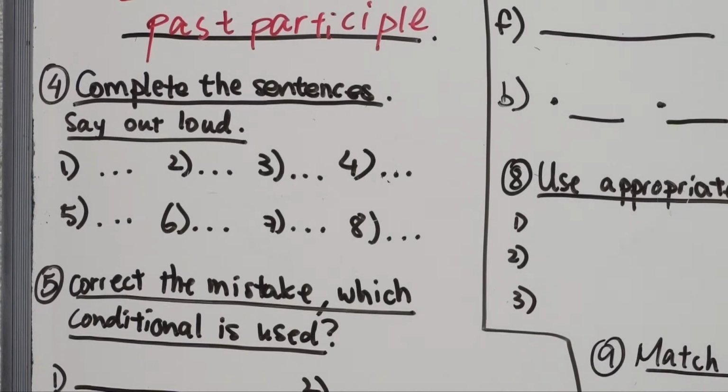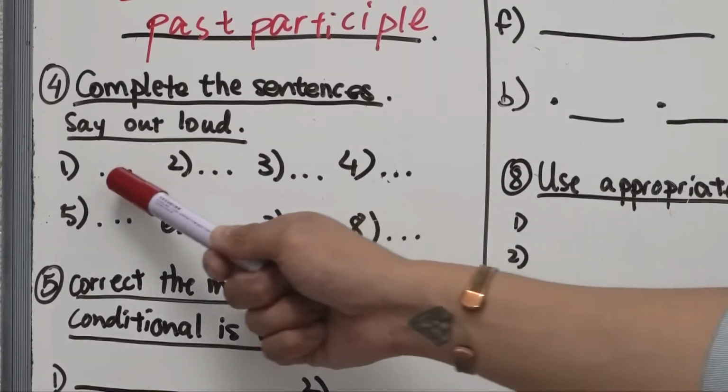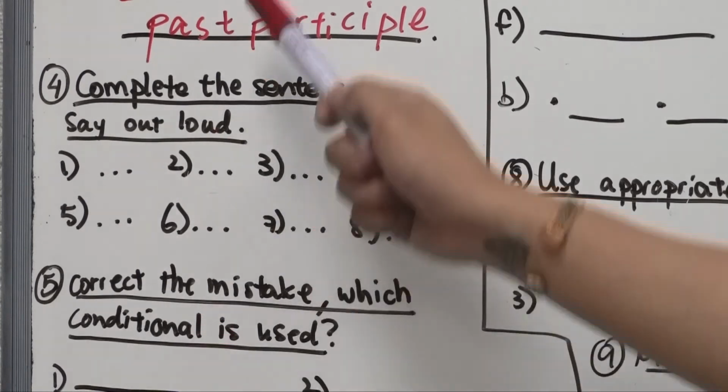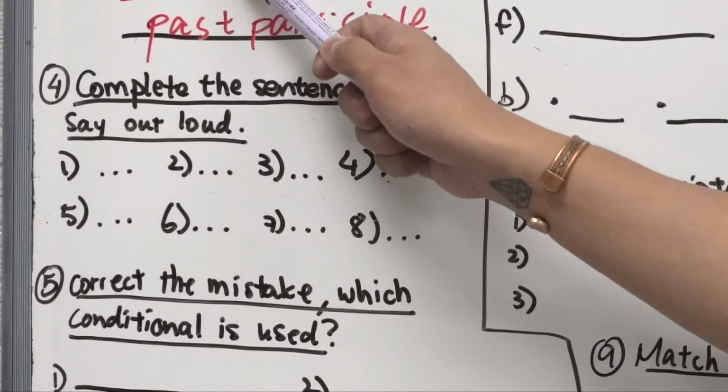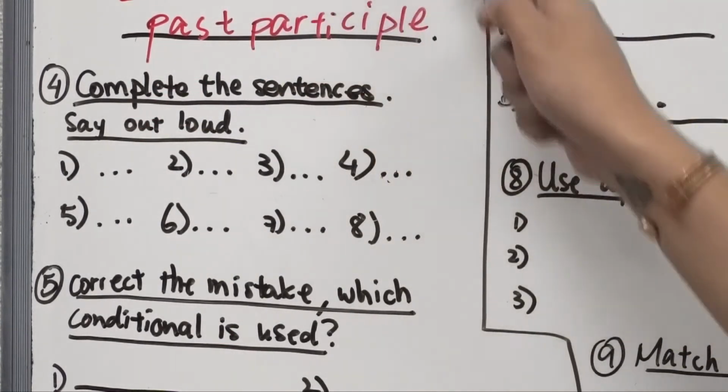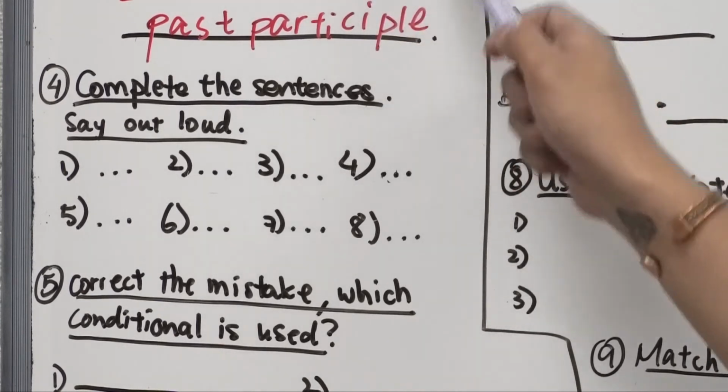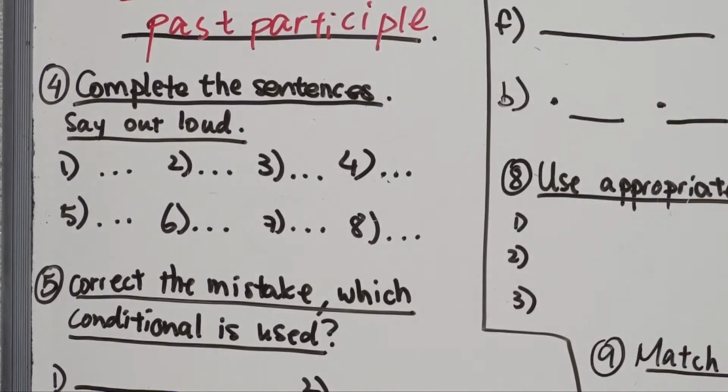Okay, very good. So if I had known, past perfect, right? Had, past simple, and then perfect tense. Past perfect is the past participle. If I had known it was your birthday, I would have come to your party. Okay, come is okay.